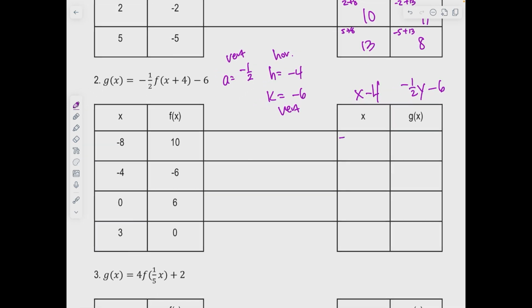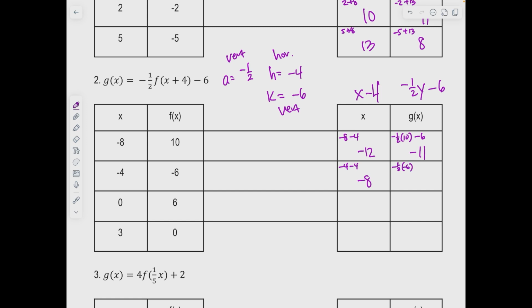Okay, so negative 8 minus 4, that's negative 12. I got negative half times 10, which is negative 5, and negative 5 minus 6 is negative 11. Negative 4 minus 4 is negative 8.